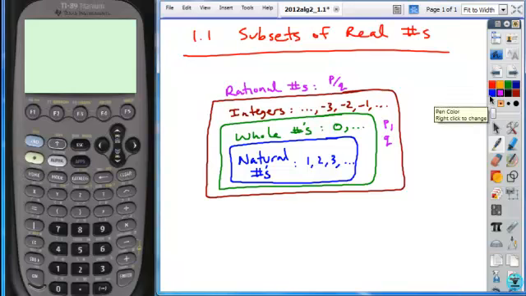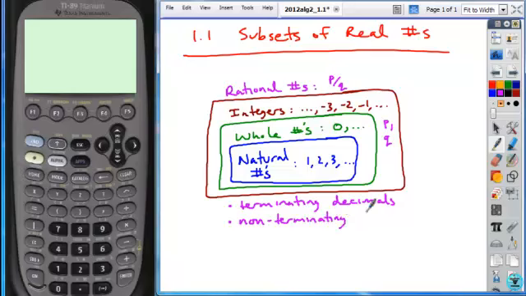And so rational numbers include the following. I'm just going to write them down here. They include terminating decimals, and they include non-terminating, repeating decimals.